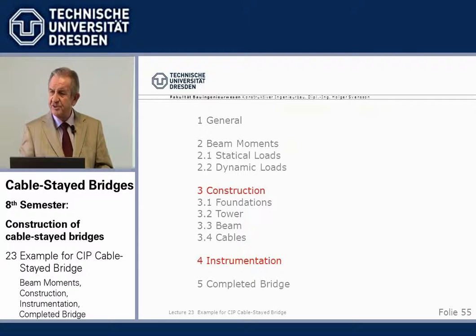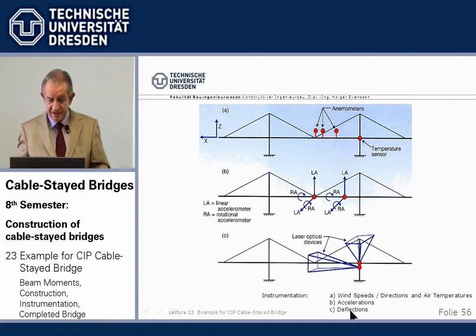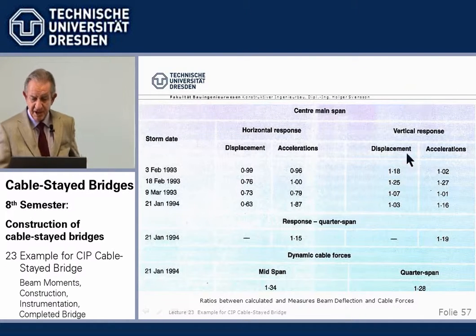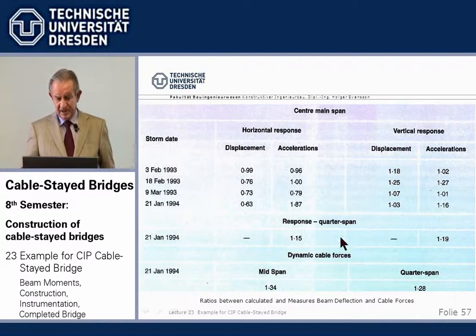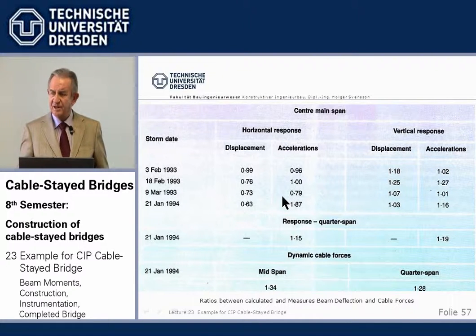The bridge was instrumented after it was completed for wind speed and direction, for accelerations in bending and torsion, for deflections. And very interesting, this table, I've never seen anything like it anywhere else. These values compare the calculated values with the measured.